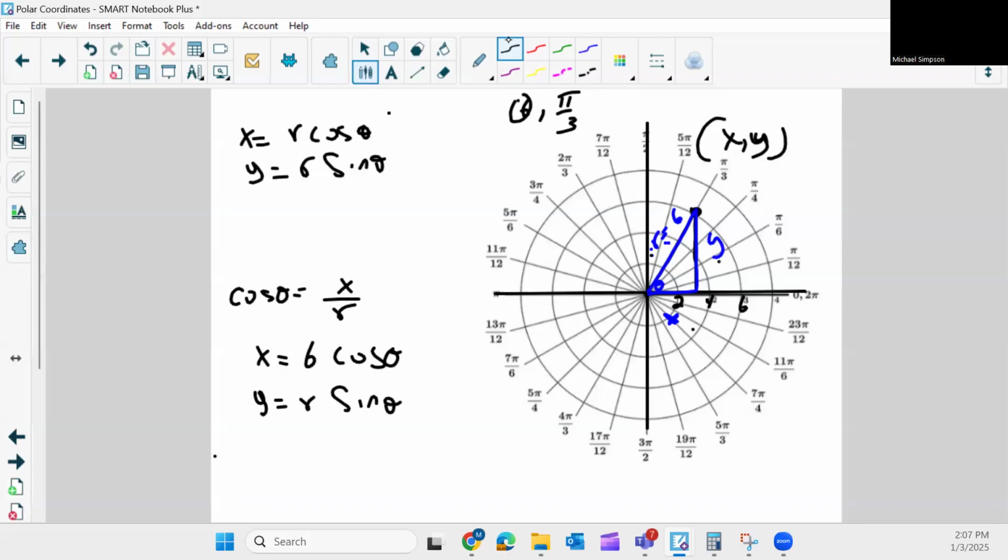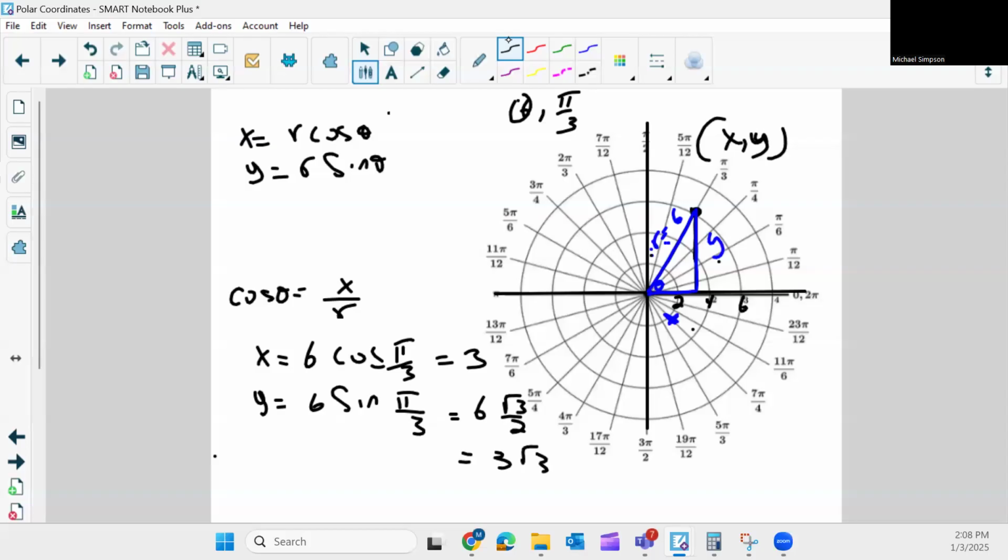And the angle is pi over 3. And so cosine pi over 3 is 1/2. 1/2 times 6 is 3. So that is 3. Good. For sine, the angle is pi over 3. r is 6. And that gives me 6 times sine of pi over 3, which is square root of 3 over 2, which is equal to 3 radical 3.